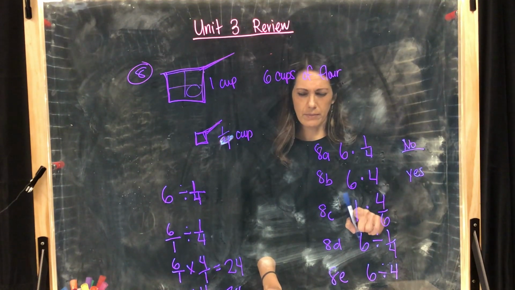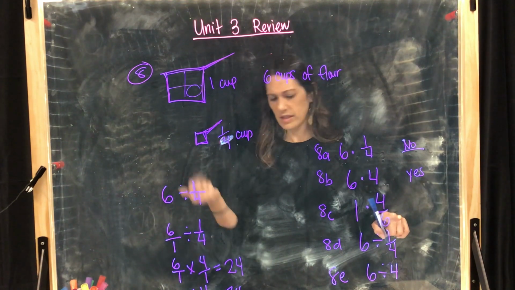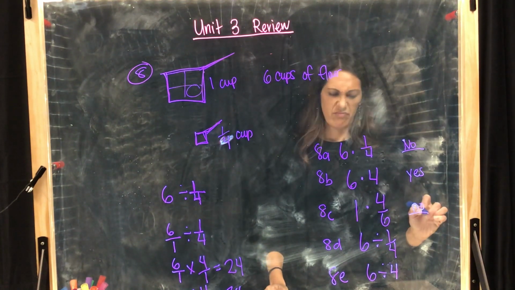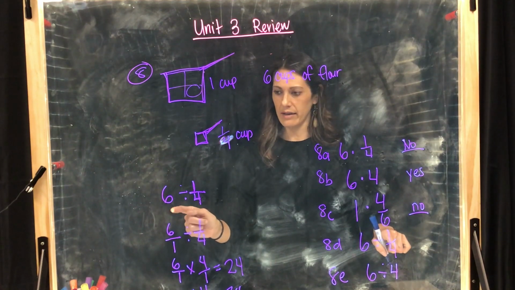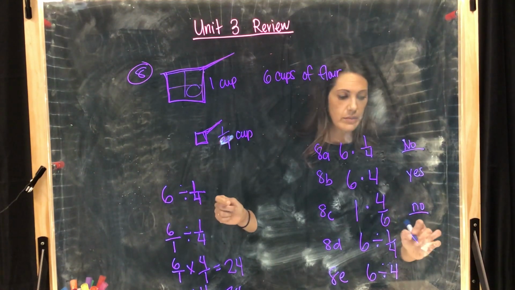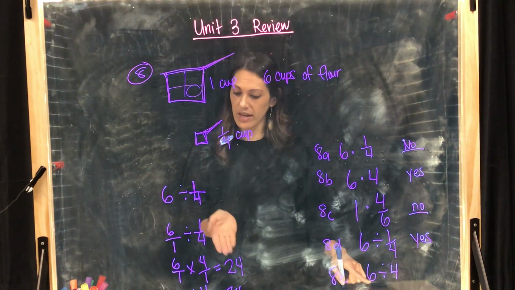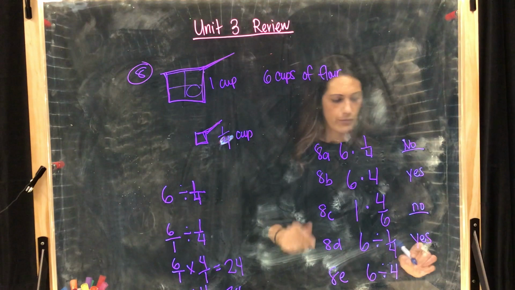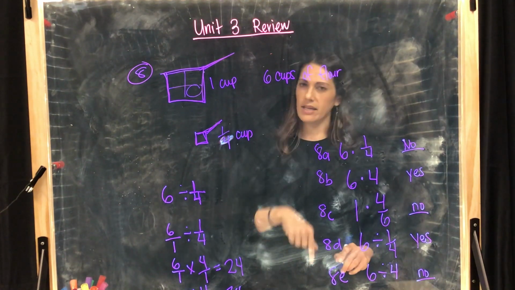Did I multiply 1 by 4/6? I don't see that there, so no. Did I take 6 and divide it by 1/4? Yeah, that's exactly what I had started with. So I would say yes to that. And the last one, did I take 6 and divide it by 4 ever? No. Okay? So that's how I would answer these.